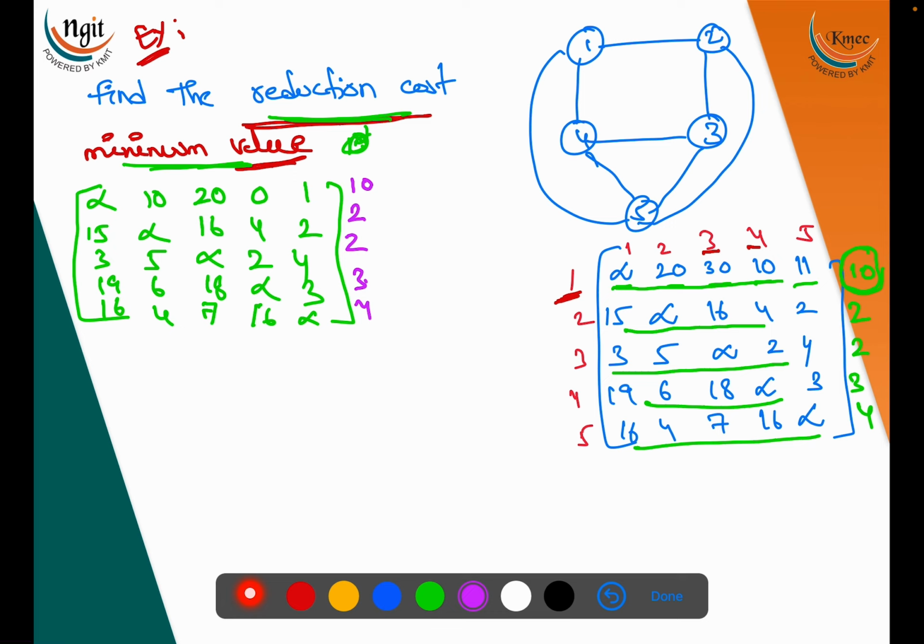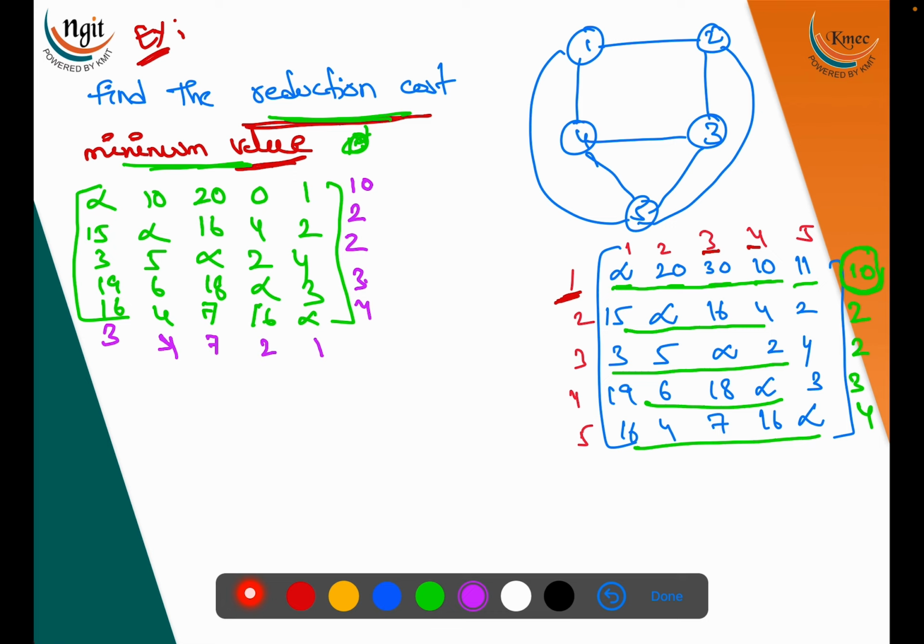What is the minimum column value here? 3. And here it is 4, and here the minimum is 7, here it is 2, here it is 1, right?